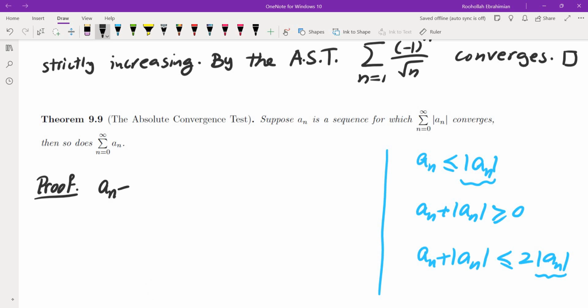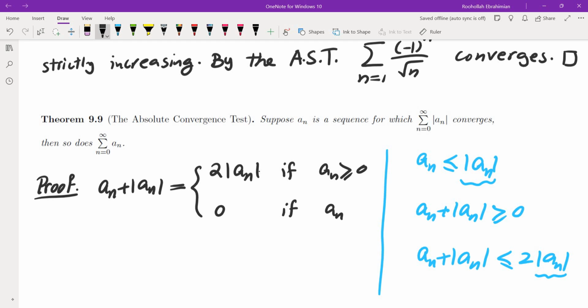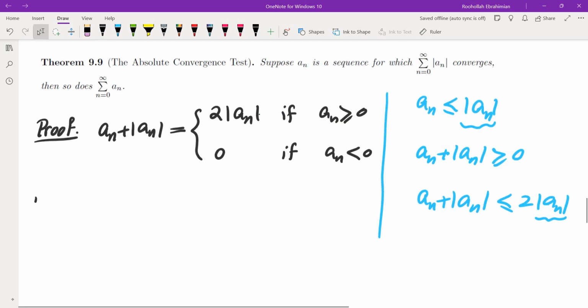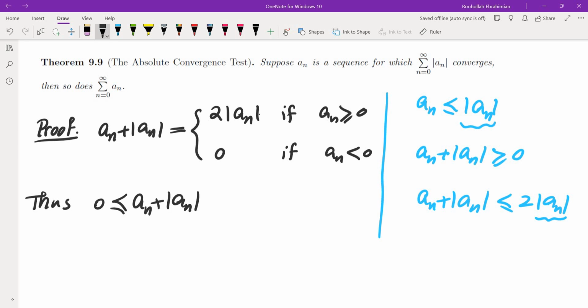So a_n plus the absolute value of a_n is equal to twice the absolute value of a_n if a_n is greater than or equal to 0, and it's 0 if a_n is negative. Thus, a_n plus the absolute value of a_n, first of all, is always greater than or equal to 0, and second, it is less than or equal to twice the absolute value of a_n.